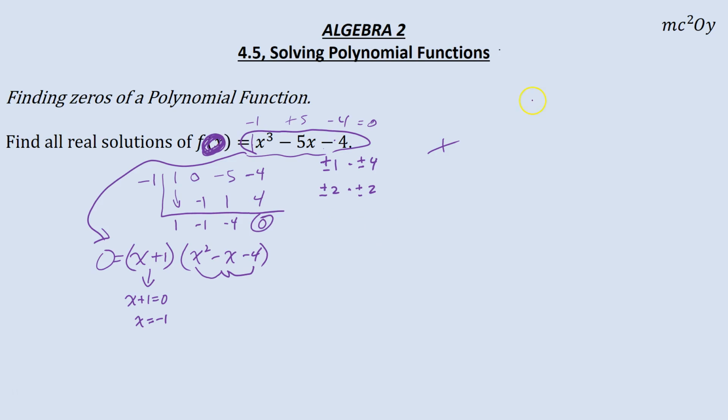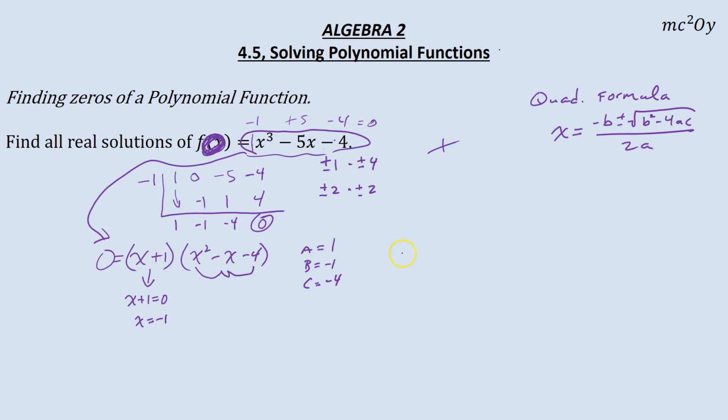So remember, quadratic formula is x equals opposite of b plus minus square root of b squared minus 4ac all over 2a. Okay, so if I'm thinking of this in terms of a, b, and c, a is 1, b is negative 1, c is negative 4.